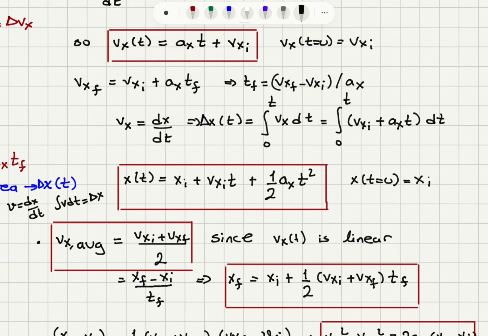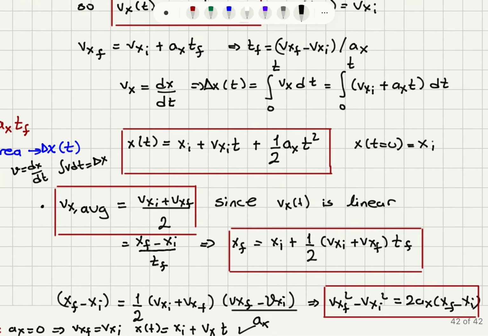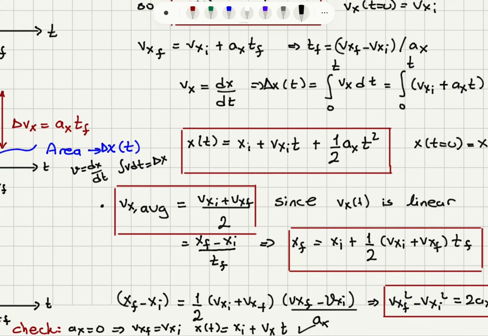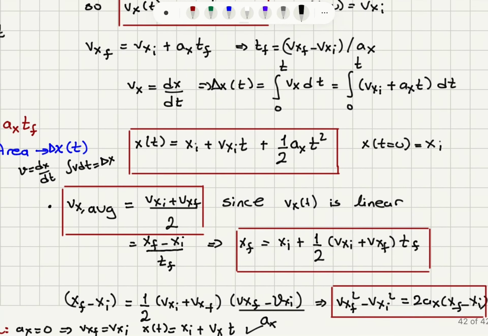And I have another Tf here, Vx initial Tf. So you can see that x final will be equal to x initial plus 1 over 2 Vx initial plus Vx final times Tf, which is the change in the position, basically the average velocity Vx average multiplied by Tf.